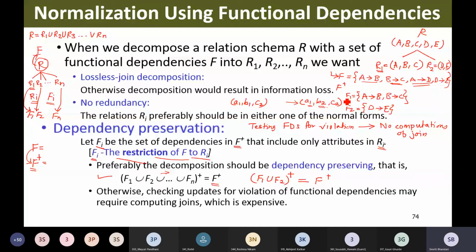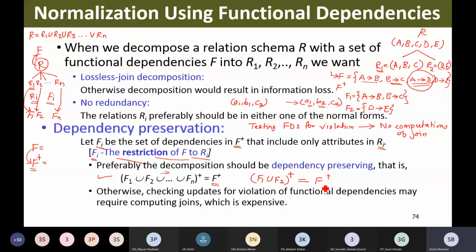Now, please see here. My F1 union F2 will have these three dependencies. And if I try to compute the closure of this set of dependencies, wherein I have these three dependencies, it is not possible for me to have this A to D in that.